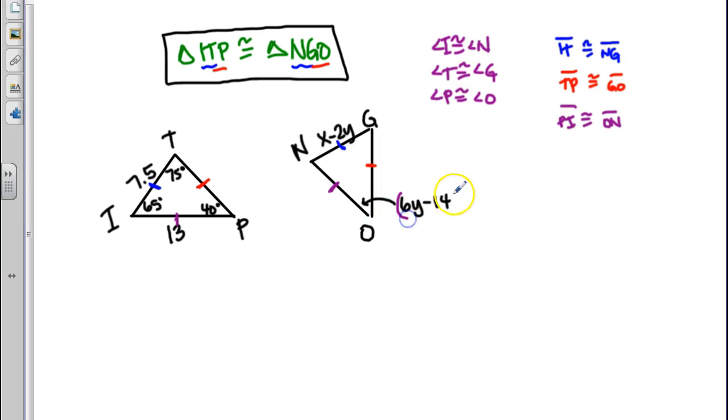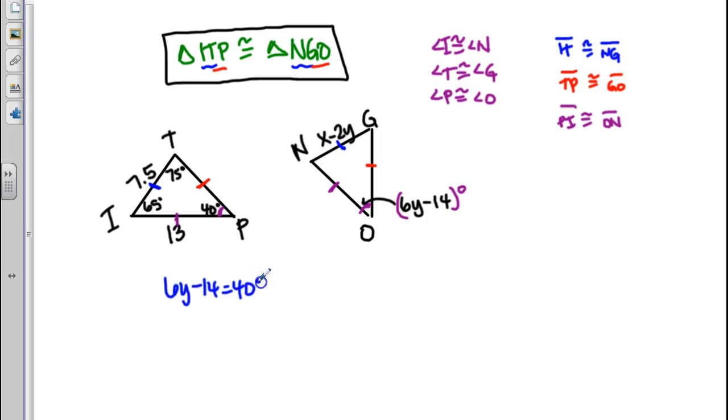So we have this angle that's here, so angle O, and we know that angle O goes with angle P, so we should be able to find the value of Y. And once we do that, we should be able to find this side length because we can set it equal to the length of IT. So let's start with this angle measure. So 6y minus 14 equals 40.